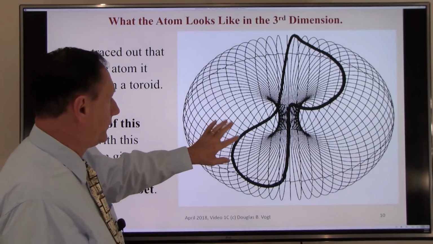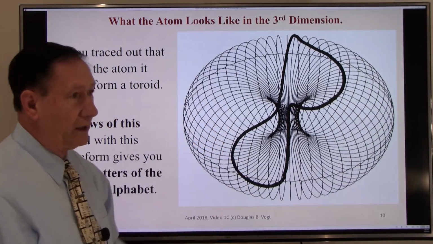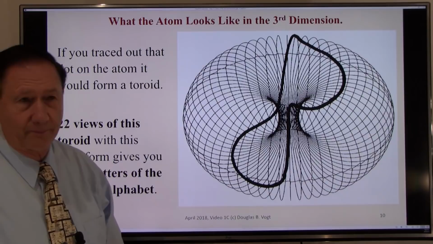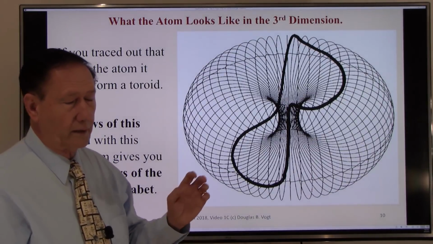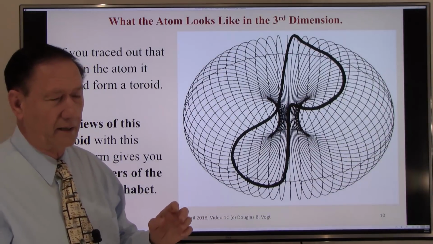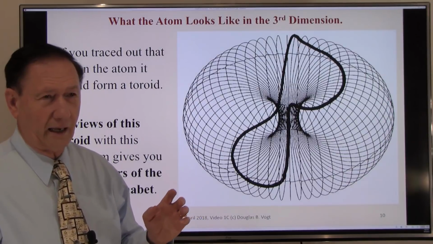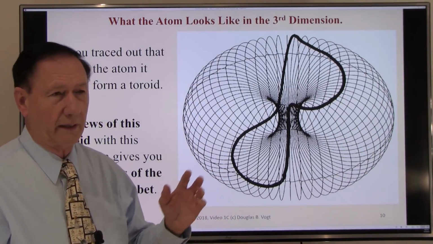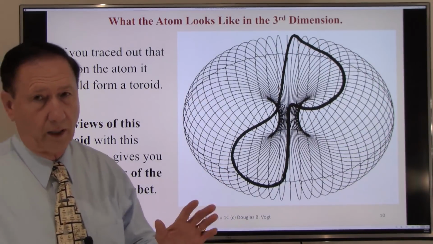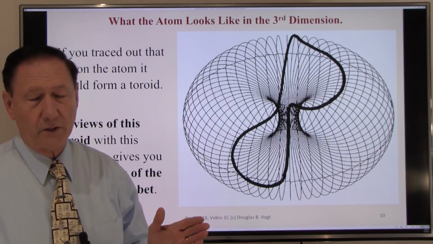I'll explain why it shows up in our reality. By the way, 22 views of this waveform makes the Hebrew alphabet. I don't want the scientists to say, well, he's saying that Moses is an extremely highly advanced people, or they came from a highly advanced society. No, not at all. He was a late Bronze Age man.